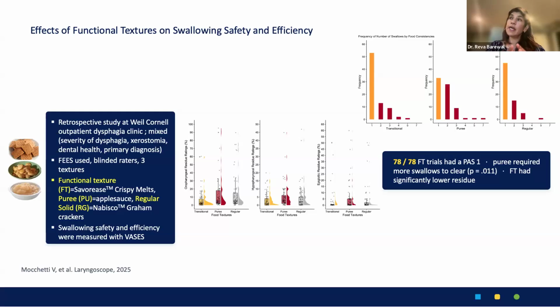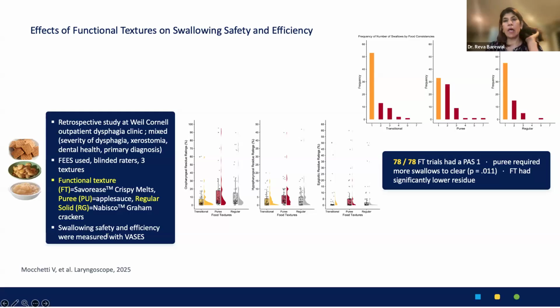And the functional texture had significantly lower residue. This is the residue levels in the oropharynx, the hypopharynx, and the epiglottic residue. This here is the number of swallows required. With the functional texture transitional food, more often it required just one swallow to clear.